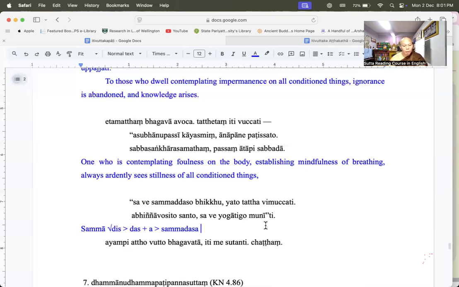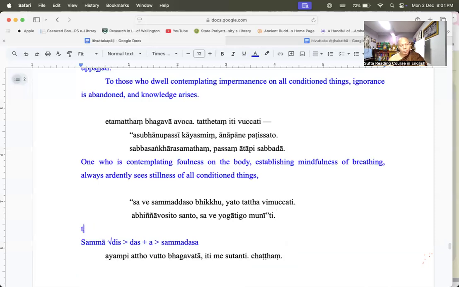That is why the bhikkhu, the monk, sees well, sees rightly, sammadasa, right? The whole line is connected with that monk.